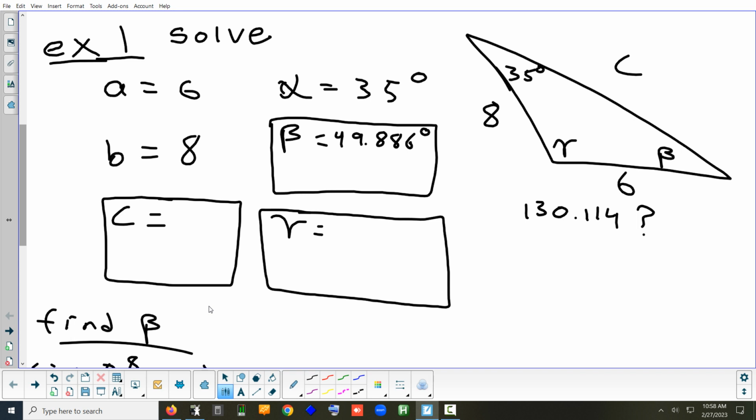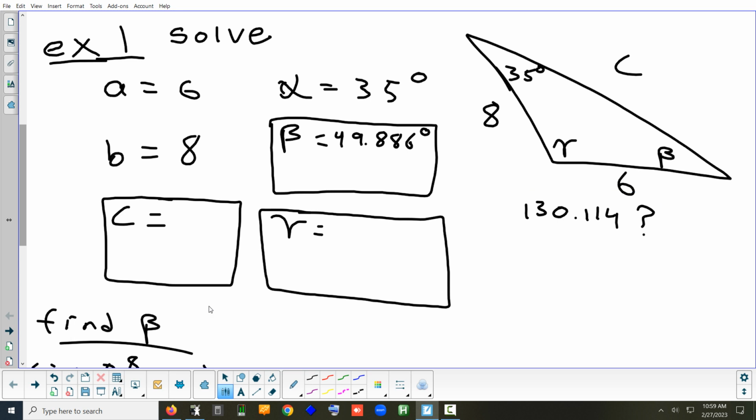What do we have to check it against to see if it would fit? The angle we already have. This angle is given. This angle is in the triangle no matter what. Can you fit 35 and 130 in the same triangle? Yes, you can. That only adds up to 165.114. So that means this second answer is small enough that it works.